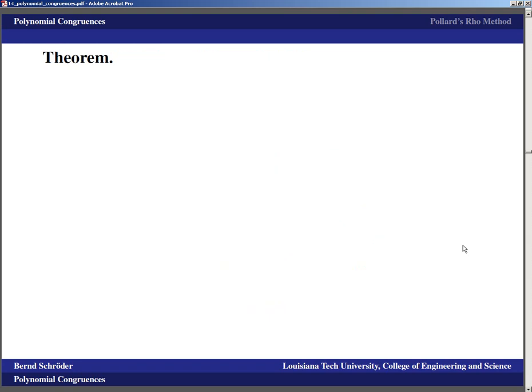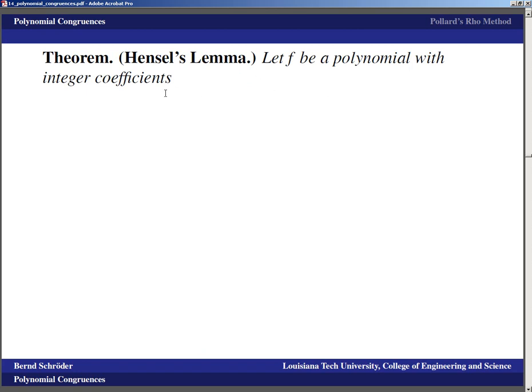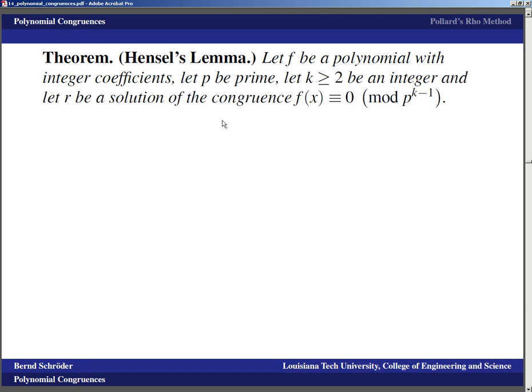We move on. So the important theorem is actually called Hensel's lemma, because it is an auxiliary to solving polynomial congruences, and so that explains the lemma in Hensel's, is because Hensel is the one who proved it, presumably. Take a polynomial with integer coefficients and a prime number, and we let k greater or equal than 2 be an integer.